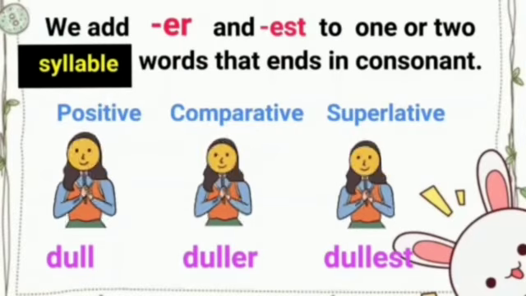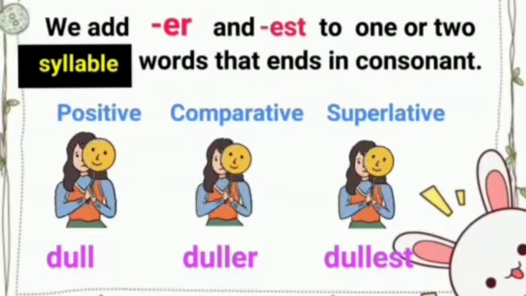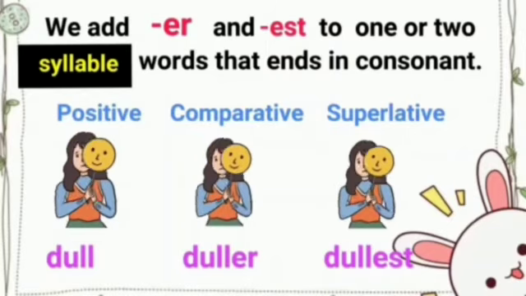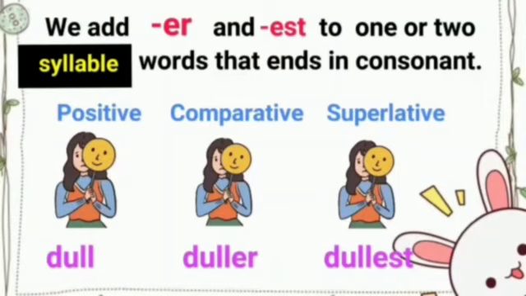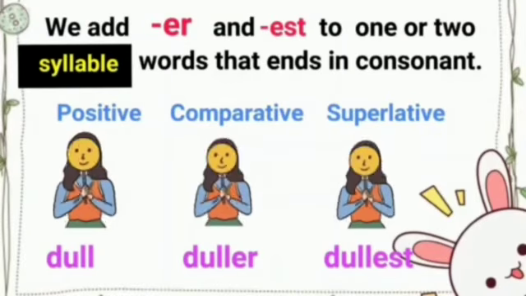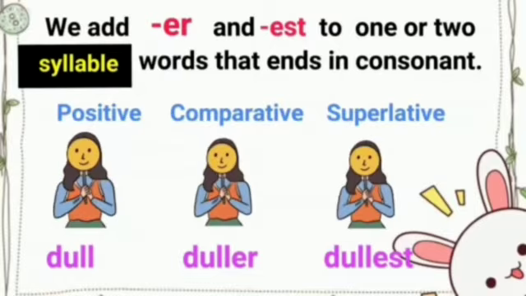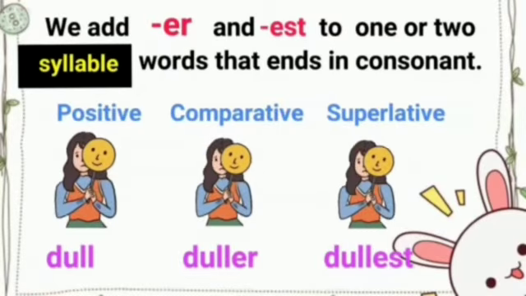When we speak the spelling dull, it has u in it, that is a vowel, and we speak it in one flow. It has one syllable. Dull has one syllable and ends with a consonant, so we add er in comparative and est in superlative. So it will be dull, duller, dullest.